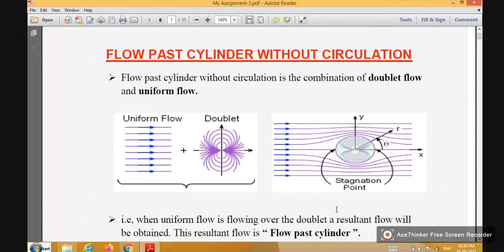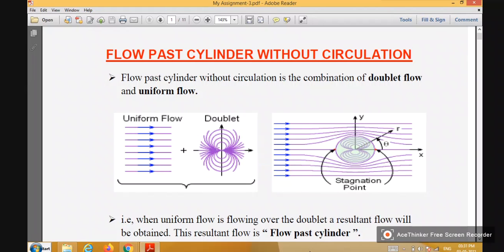Flow for cylinder without circulation. Circulation is not the combination. Flow for cylinder without circulation is the combination of doublet and uniform flow. Uniform flow is in the x direction, and doublet is the combination of source and sink.